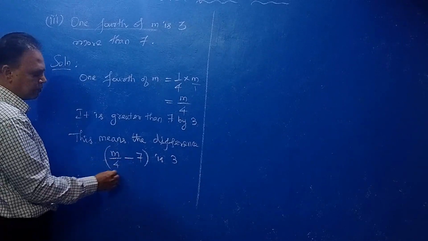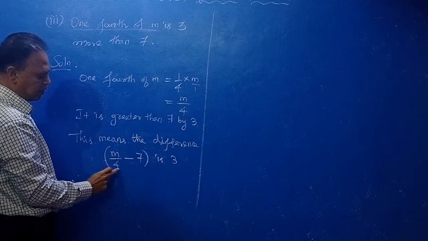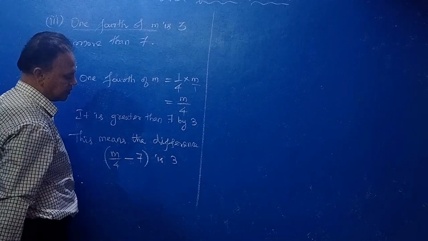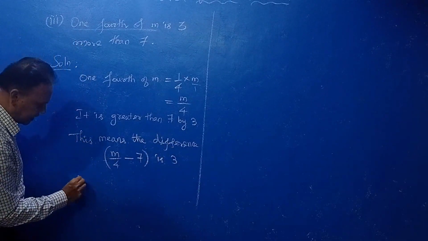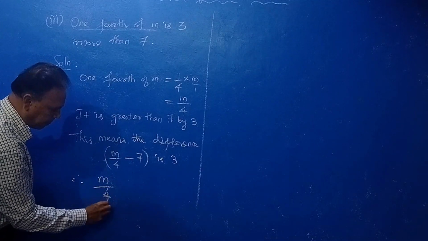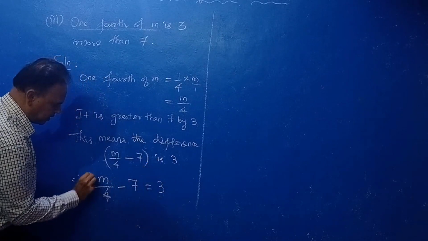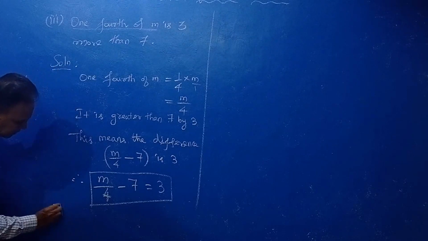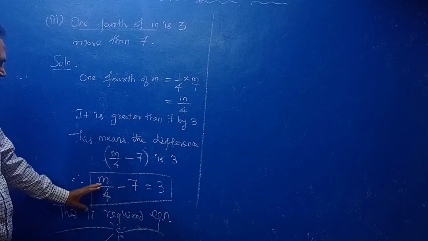Then only we will get it correctly. m by 4 is equal to 3 plus 7. This plus 7 you bring to this side as minus 7. Therefore this can be written as m by 4 minus 7 is equal to 3. So this is the required equation. The verbal form we have to change into one simple equation.